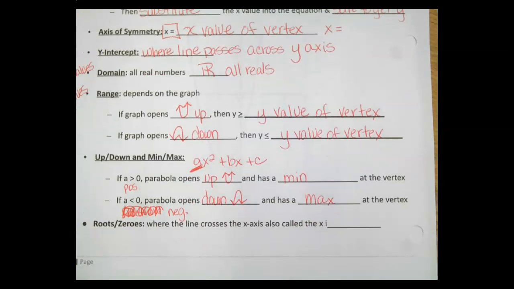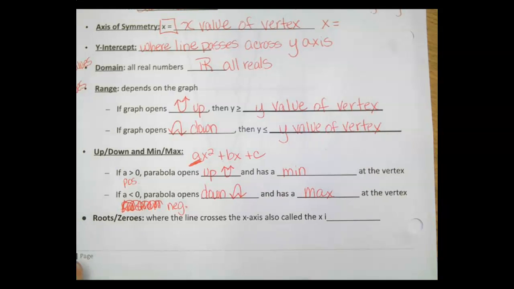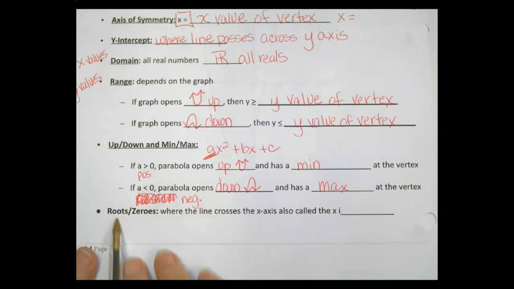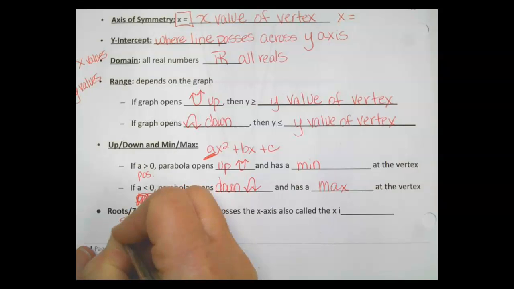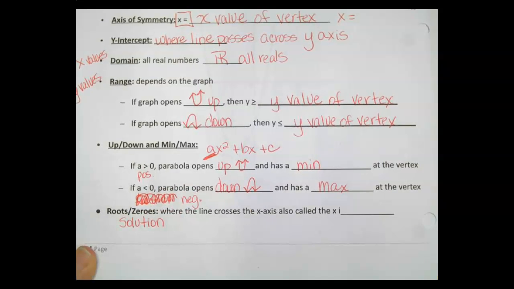Okay. Roots. This can be kind of confusing because sometimes they call your roots zeros, or sometimes they call it your solution. Where your line crosses the x is also called the x-intercept.